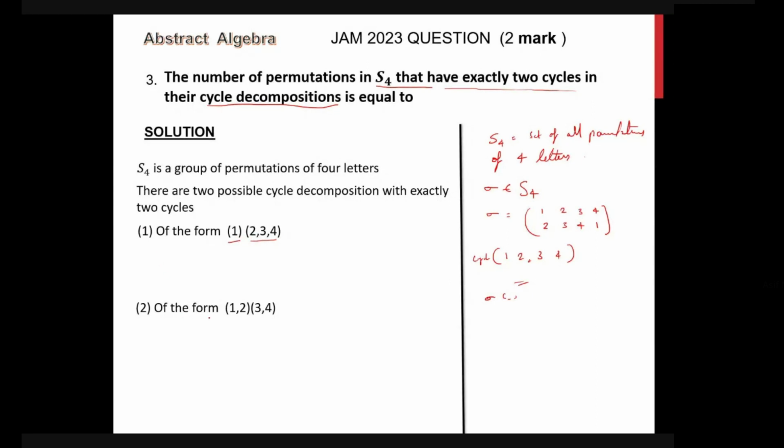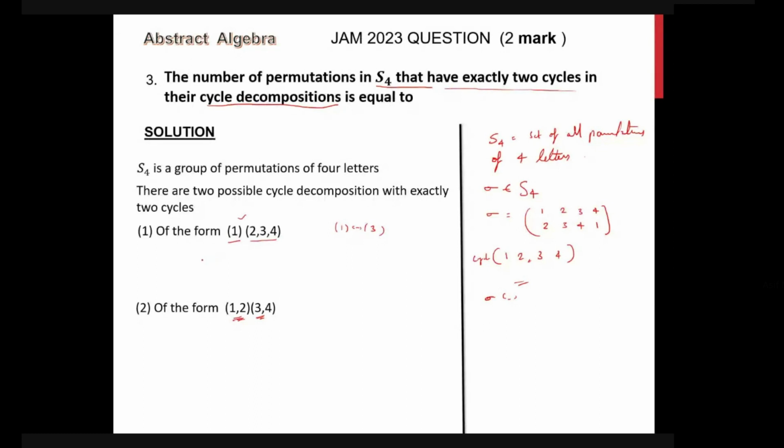And the other is of the form 2 cycle and 2 cycle. In the 3 cycle, the length of the cycle is 3 letters, and the other is a 1 cycle. So 1 and 3 is one cycle decomposition of a permutation that has 2 cycles, or this is a 2 and 2 cycle decomposition. Both cycles have 2 letters.